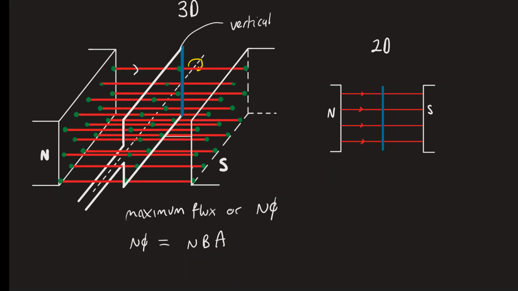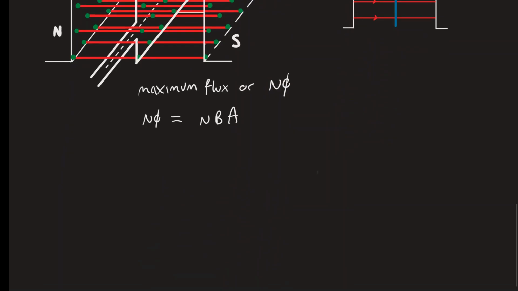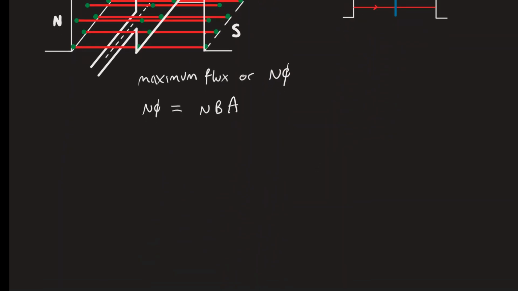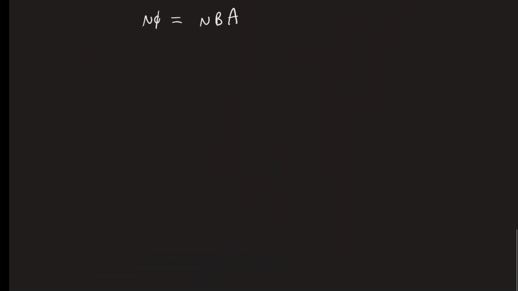We looked at something like this previously. We looked at how the flux linkage through a coil that's rotating, or through a loop that's rotating, changes as the loop is rotated. We've already established an equation for that, so we'll get that equation down and see where we can go with that.